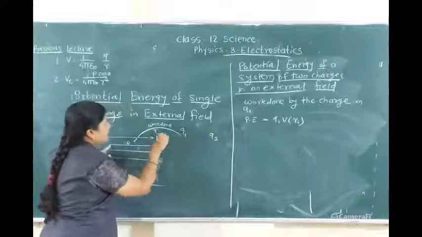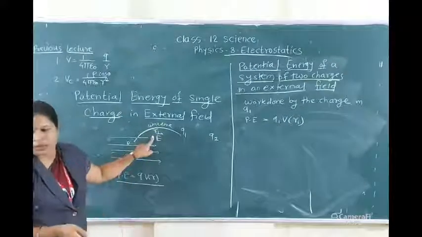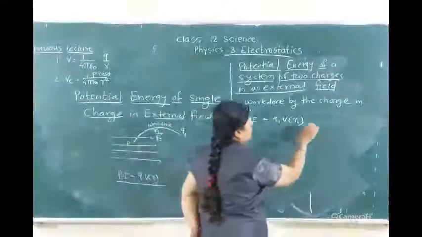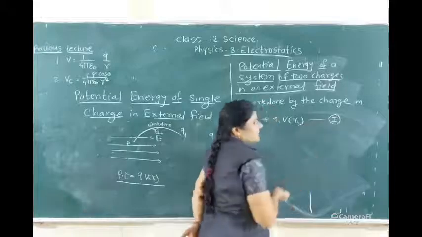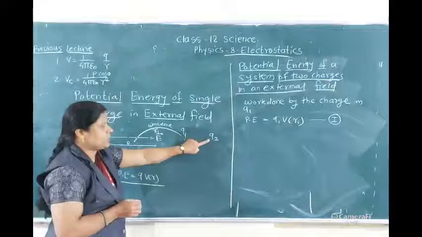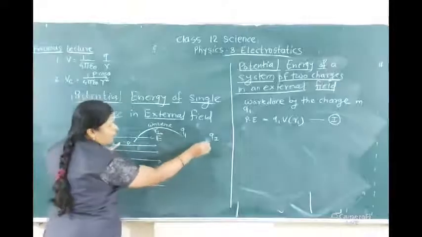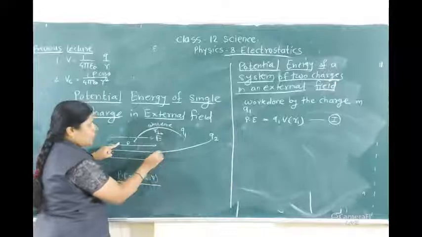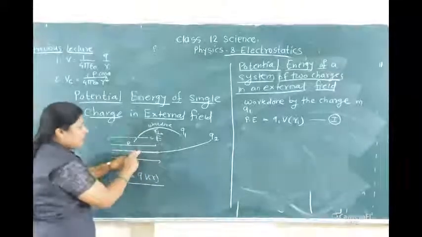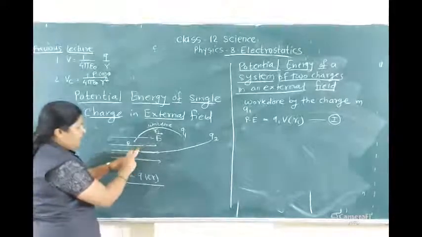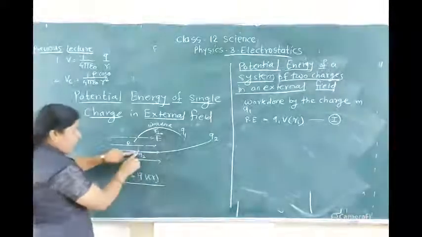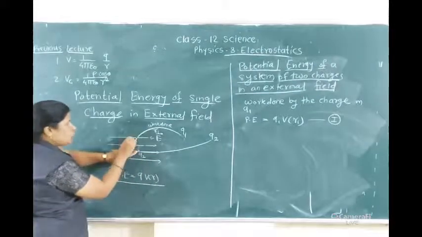Suppose the other charge is Q2. When we bring the charge Q2 into this external field, the external field will give force on the charge Q2, and the charge Q1 also exerts force on the charge Q2. Means on the charge Q2 we get two forces, the external force and the one due to charge Q1.